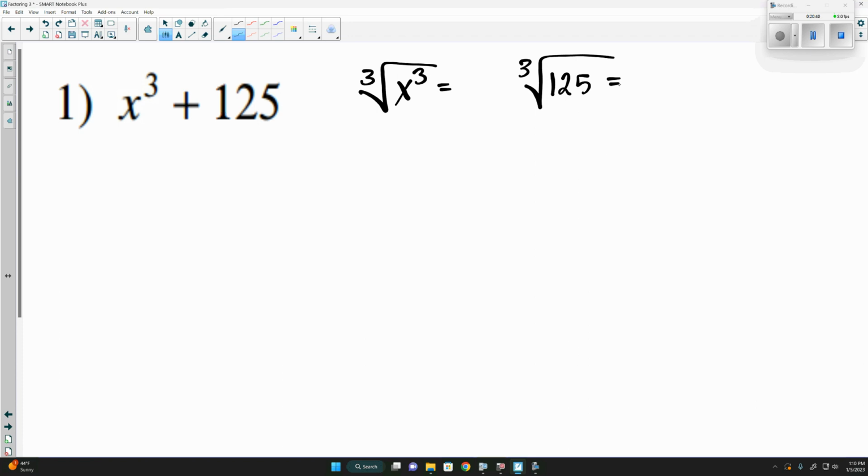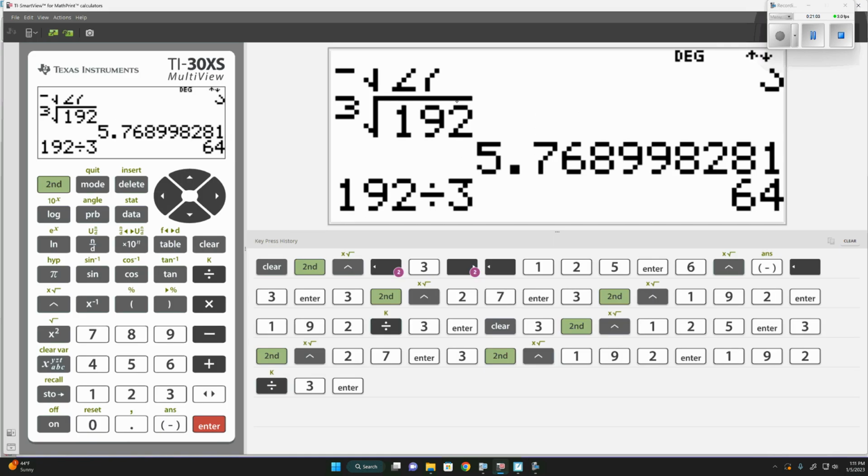The easier one out of these two is the cubed root of x cubed. And it is x. Because whenever the index and the exponent are the same, they simplify out. And we'll get more into why that works, especially when we start talking about roots in our chapter over radicals. Now the cubed root of 125 is 5.